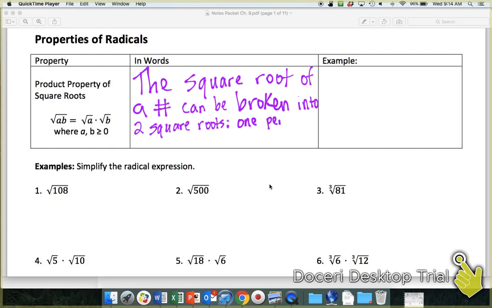One would be a perfect square and one will not be a perfect square. I'll show you what that means in a second. The square root of a number can be broken into 2 square roots, a perfect square and a non-perfect square.